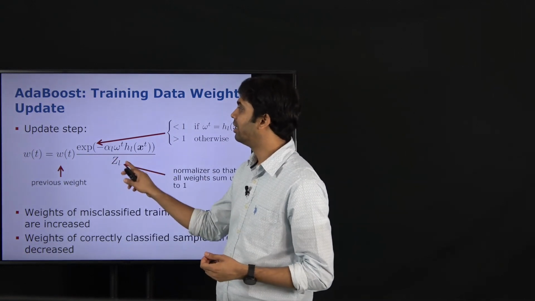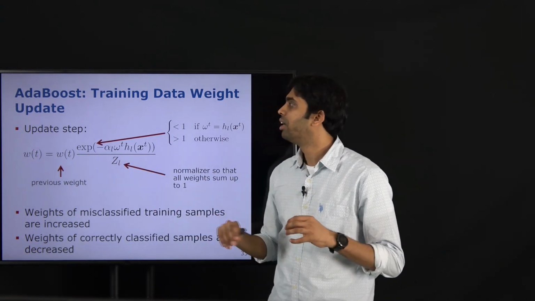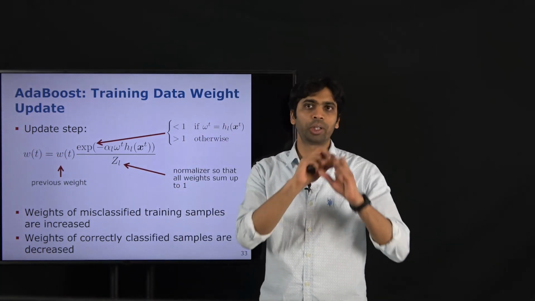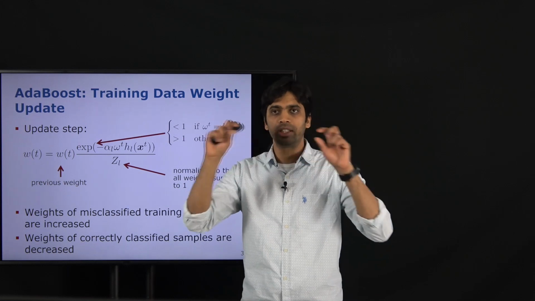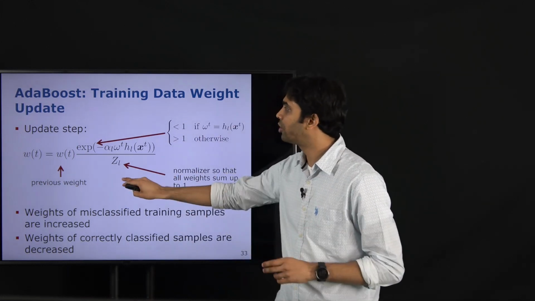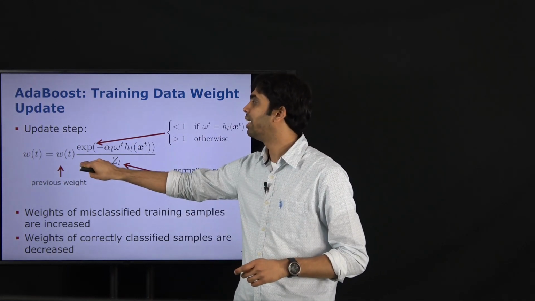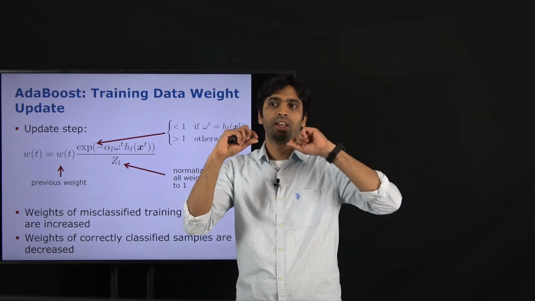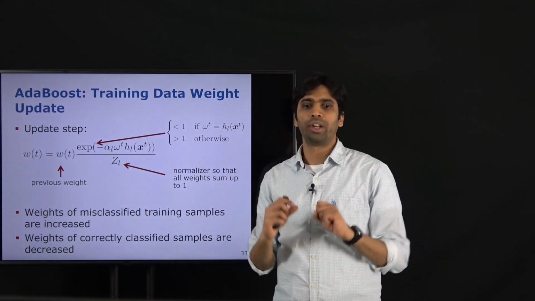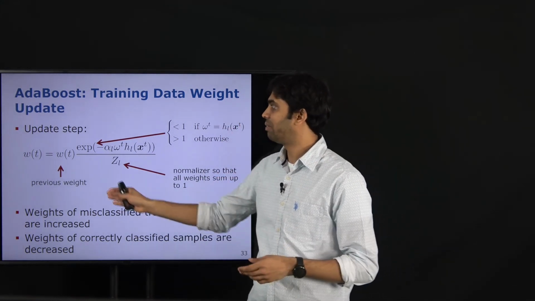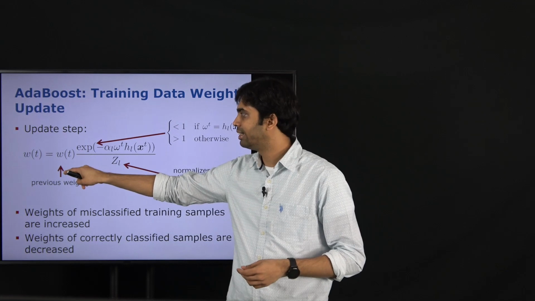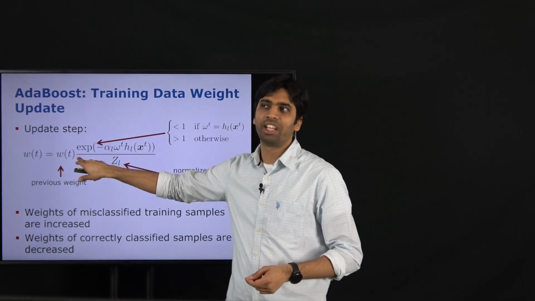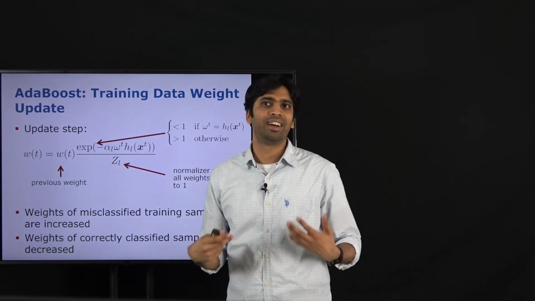And this Z_t here is nothing but a term which makes sure that this w_t at the end adds up to 1, because we always want the weights to add up to 1. So although the formula looks complicated, essentially it's a way to increase the weight of the wrong examples and decrease the weight of the right ones. In principle, you can also come up with something very easy: I multiply by 2 every time I make a mistake, and I divide by 2 every time I am correct.